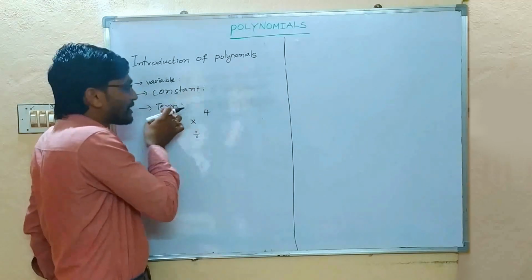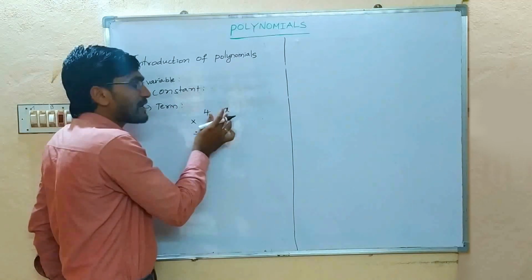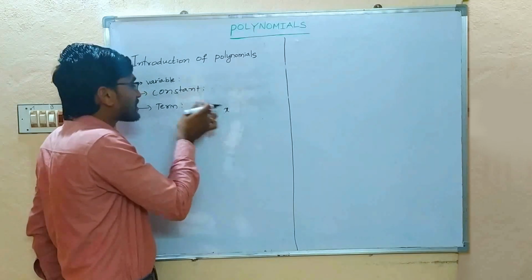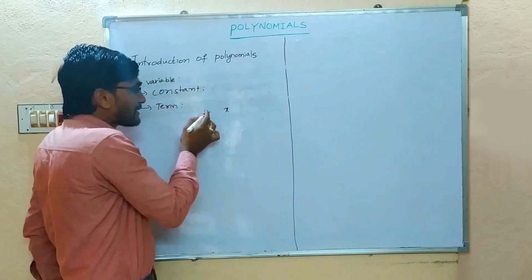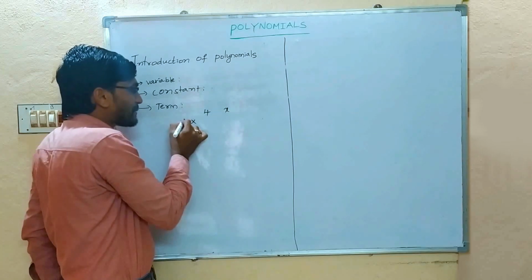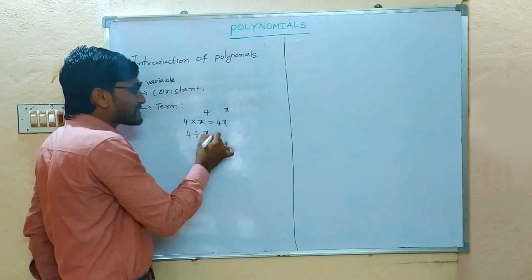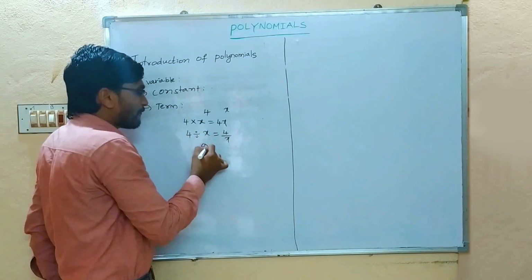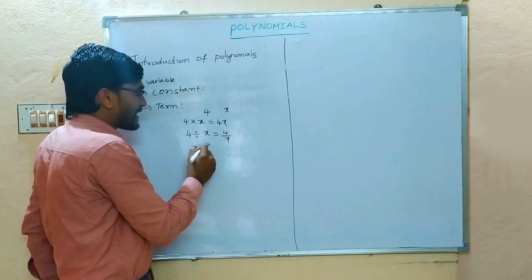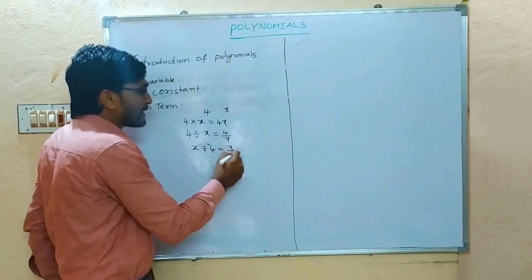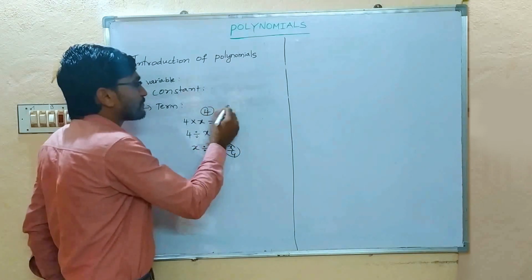Only 4 is also called a term. X is a variable. Only x is also called a term. Or this combination by multiplication, that means 4 into x, or 4 divided by x, which is 4 by x, or 4x divided by 4, which is x by 4. These are all called the terms.